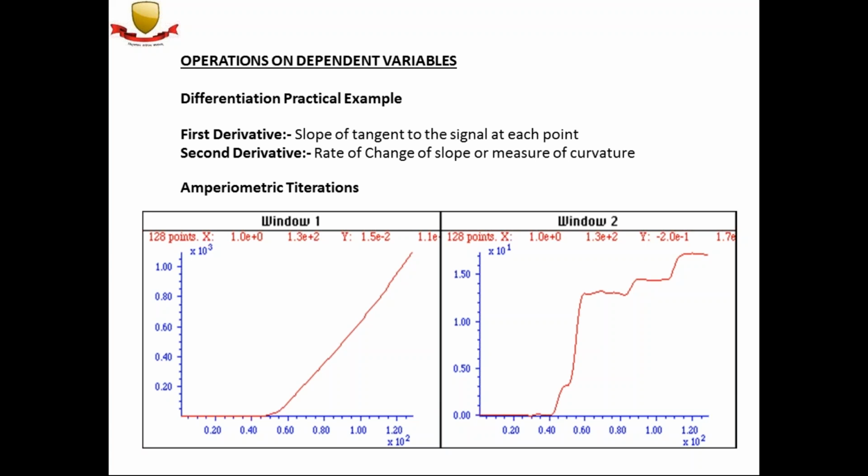The first example that I'm going to discuss is amperometric titrations, thermal analysis, and kinetic experiments. Under these, a series of straight line segments of different slopes are generated. If you look at it in a broader view, you can find that this is not a complete straight line; it is broken down in places.